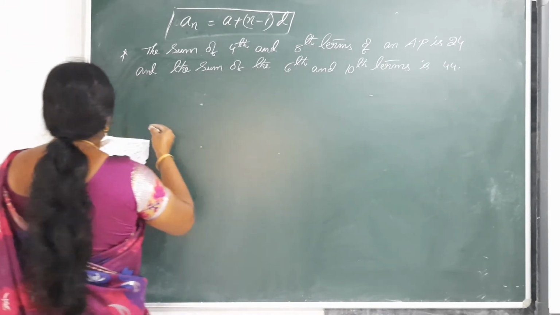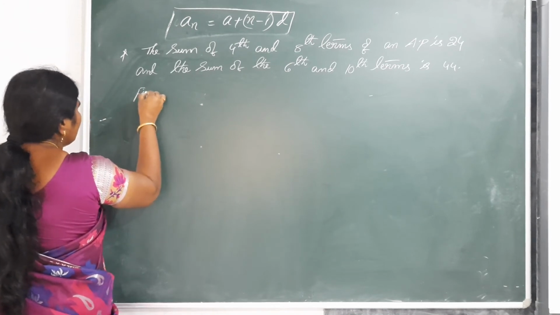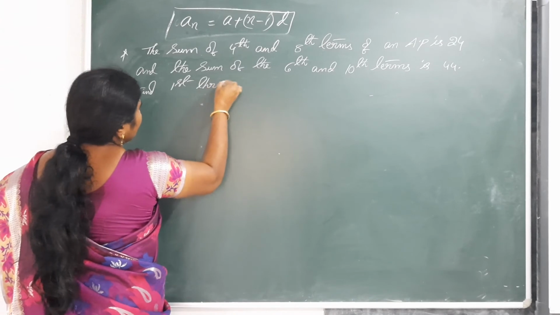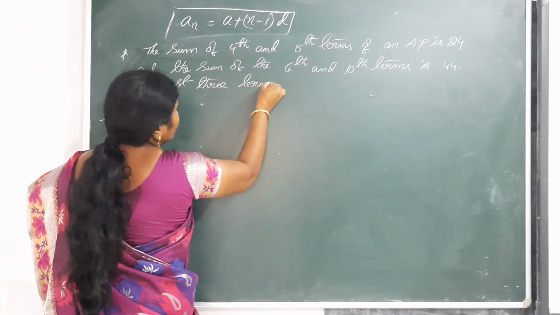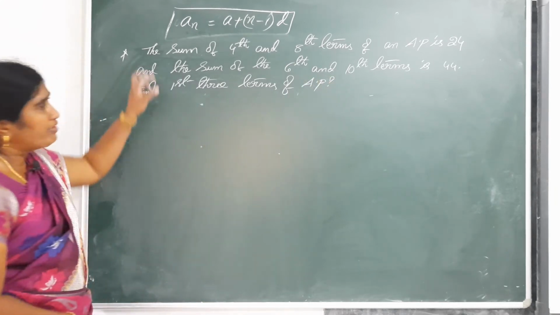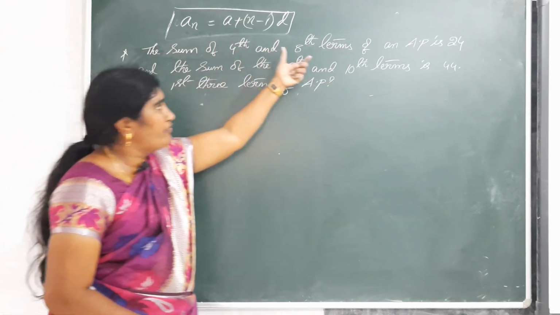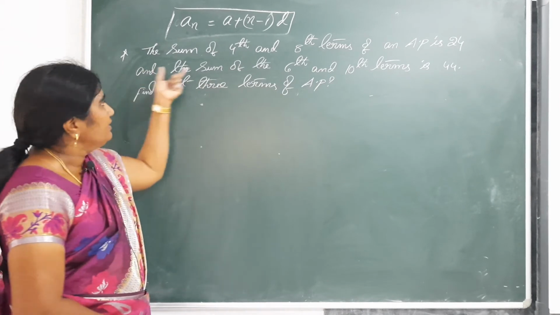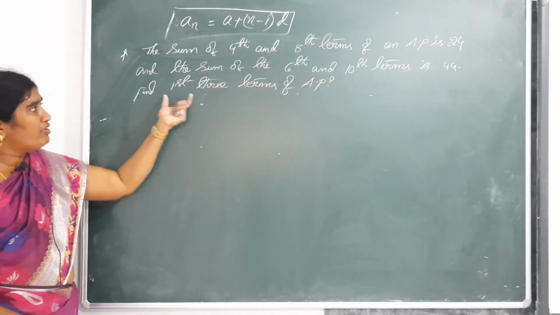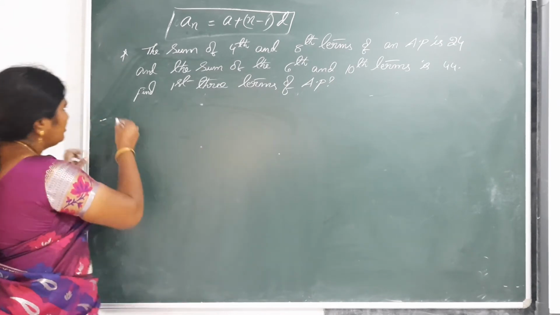Find the first three terms of the AP. Given the sum of the 4th and 8th terms of an AP is 24 and the sum of the 6th and 10th terms is 44, then write the first three terms of the AP.